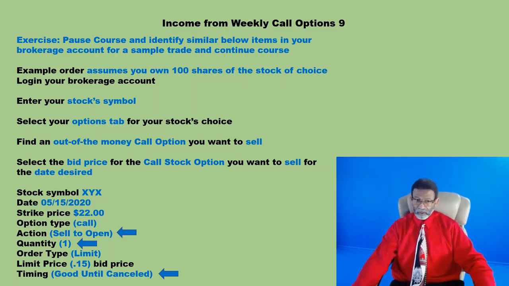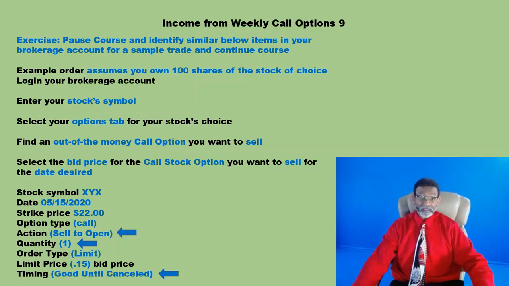Now, find an out of the money call option that you want to sell. So this is time to find an option that relates to the particular stock of choice. Now select the bid price for the call option you want to sell for the desired date.